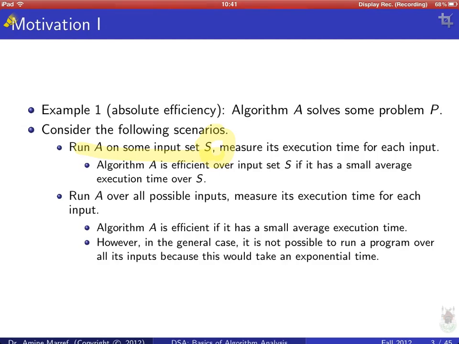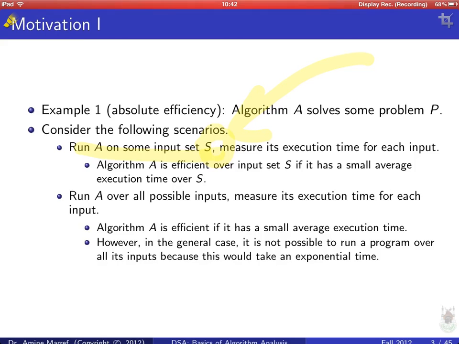We cannot generalize the results to the rest of the input set, and running them on every possible input is also impossible, because potentially there's an exponential number of different inputs. So this is basically saying almost the same thing. The only difference is that the first one is about one algorithm, and the second one is about two algorithms.